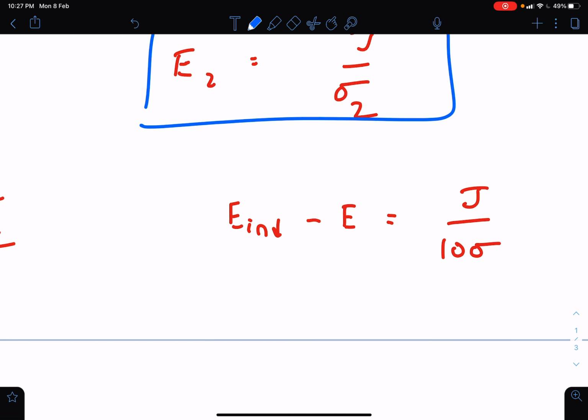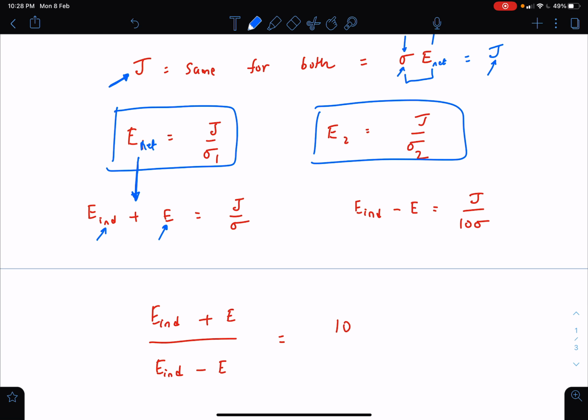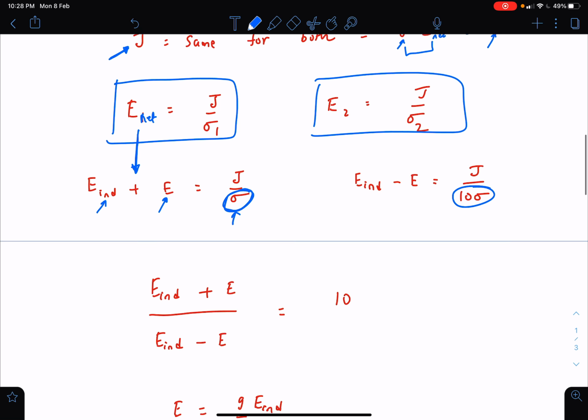Whereas on the right half, the induced electric field created by the changing magnetic field and the electric field created by charge separation are in opposite directions, so that the net electric field is reduced, because a lower electric field is required to push the electrons through a lower resistance path. One conductivity I have taken as sigma, the other is 10 sigma. Now the ratio of these two electric fields is 10.